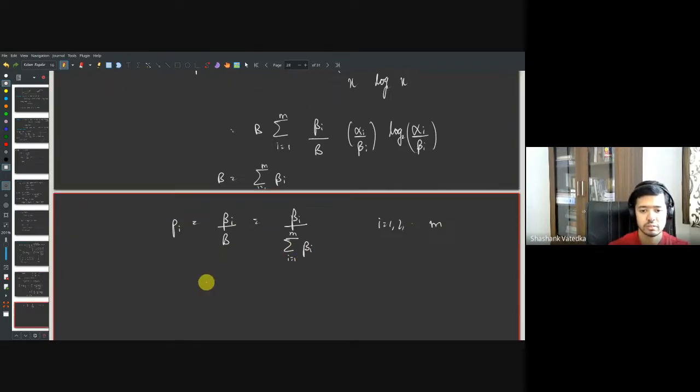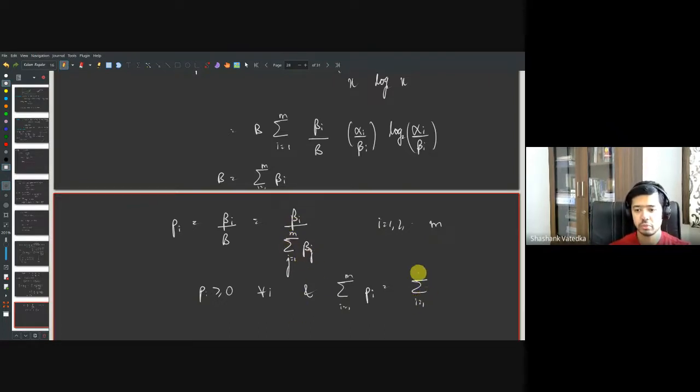Each Pi is greater than or equal to 0, and summation I equal to 1 to m of Pi, let me use a different index for the denominator to avoid confusion, is beta I by summation over j beta j.